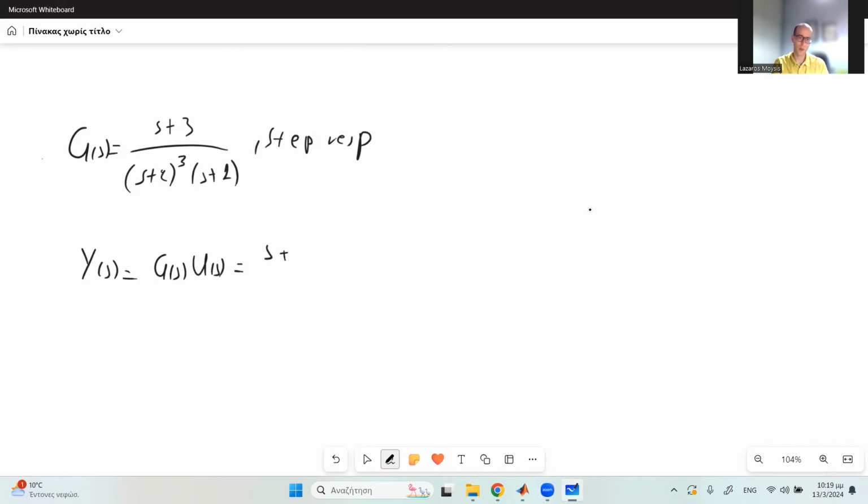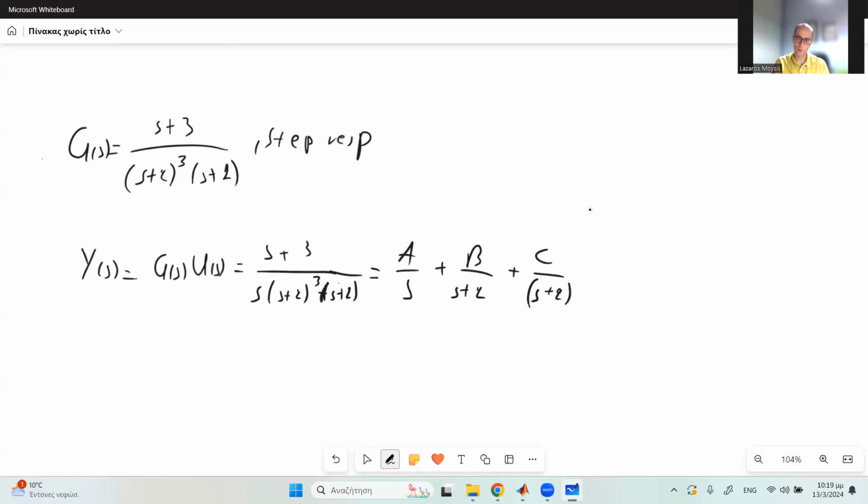So you're going to end up with something like this: a over s plus b over s plus 2, c over (s plus 2) squared, plus d over (s plus 2) cubed, plus e over s plus 1.